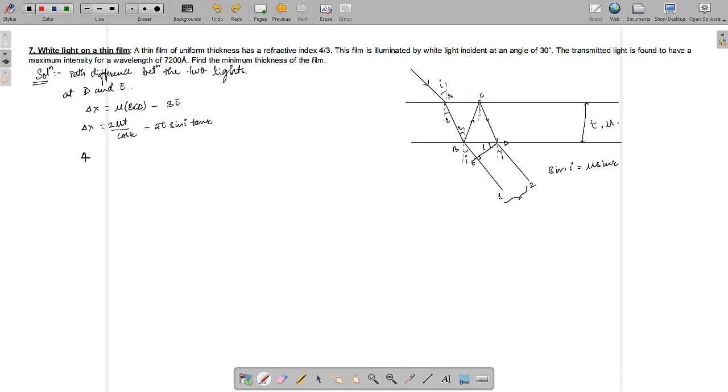So delta x will be equal to 2 mu t by cos r minus 2t into mu sin square r upon cos r.